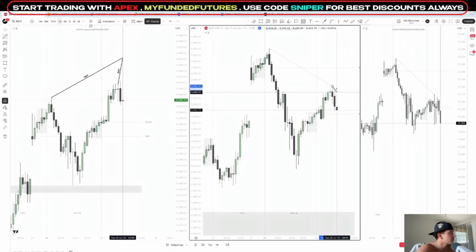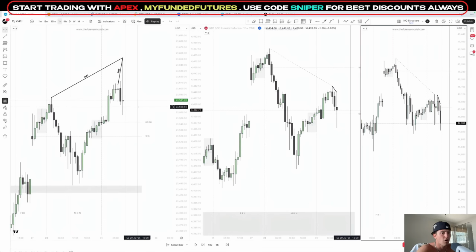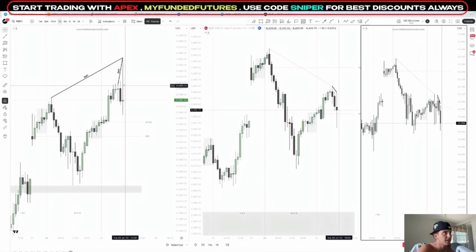So we had another set of SMT at that key time. I'm already on red alert, believing this is setting in the high of the day and price is going to reverse from here.